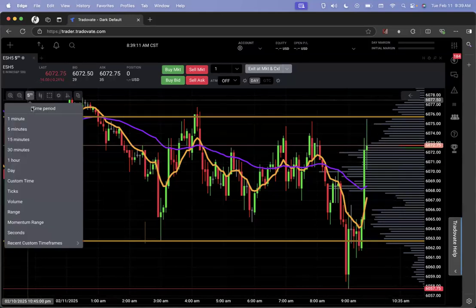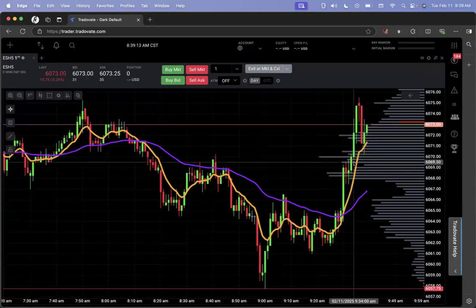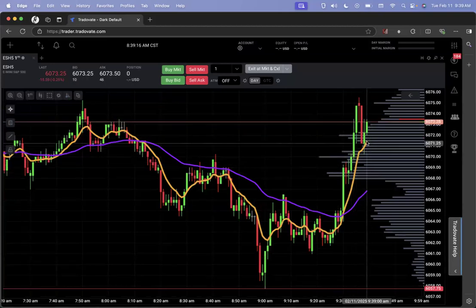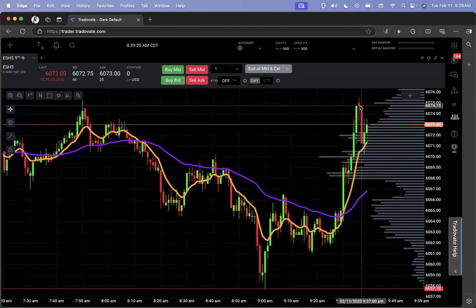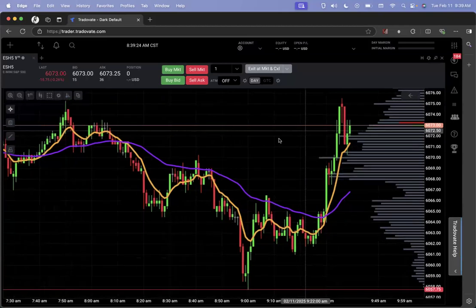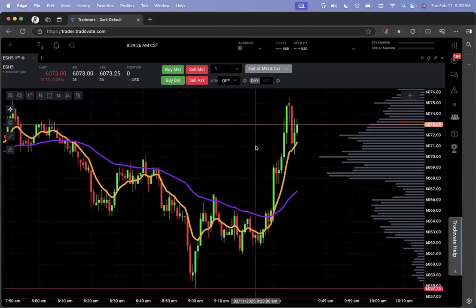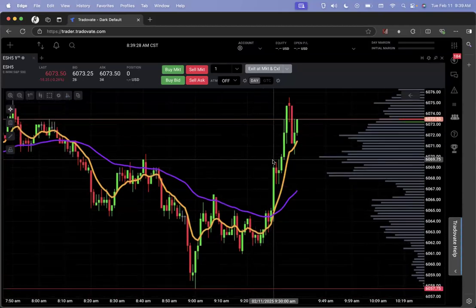Let's go to the 1 minute chart. So we're holding the 9 EMA on the 1 minute chart. See here.